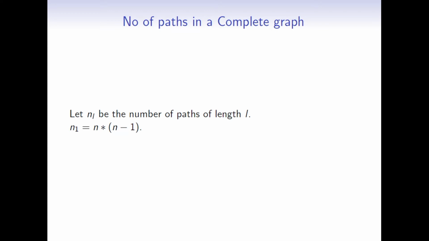Since the graph is directed, there is an edge between any pair of vertices. If you pick any two vertices and take the edge connecting them, you have a path of length 1. Every edge by definition is a path of length 1. So the number of possible distinct paths of length 1 is exactly equal to n into n minus 1.